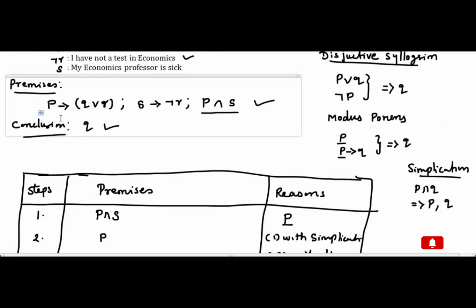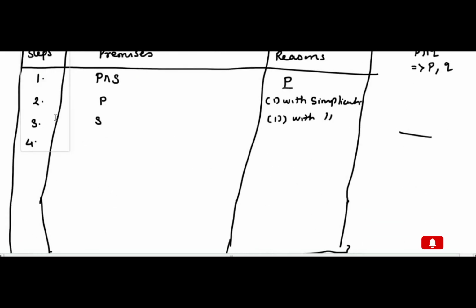What is the first premise? P then Q or R. So step number four is P then Q or R. This is nothing but given. So using step number two, what is step number two? P. Here P and Q is there. I am going to write step number five. P then Q, we can write Q only. That means Q or R.